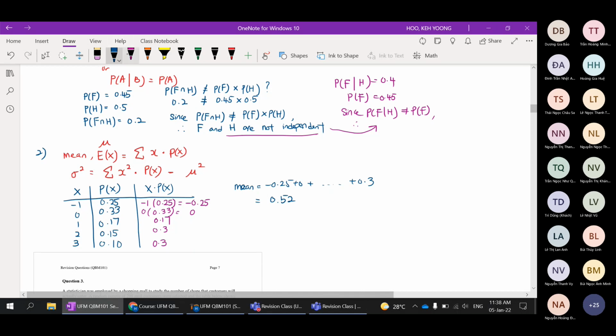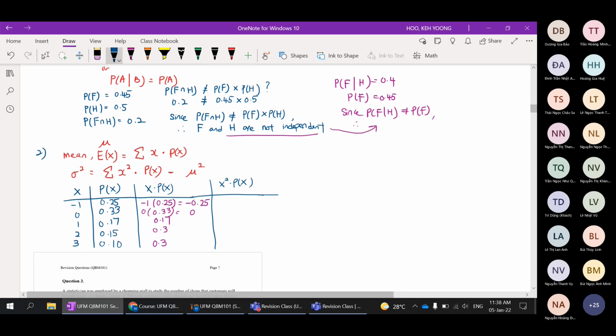Let me rub off this part because I need some space for the next column, to find the x squared times px.